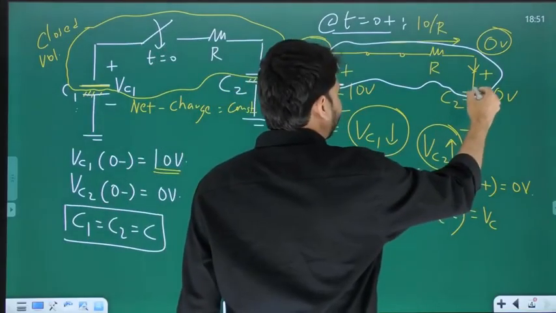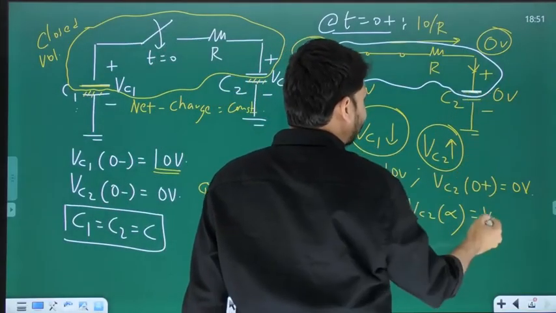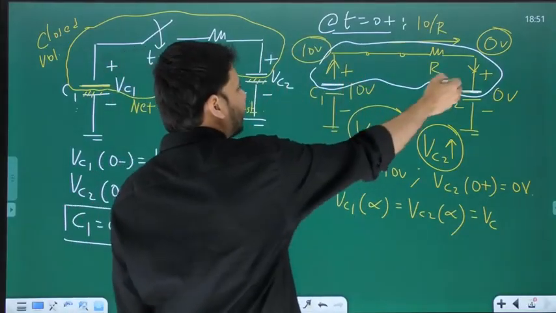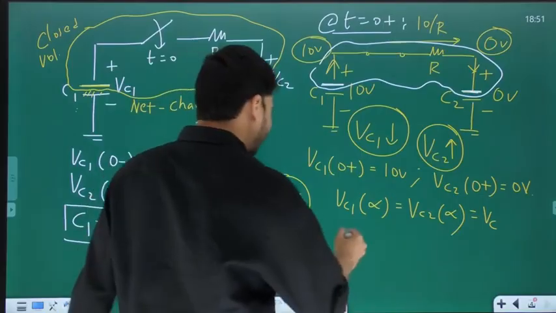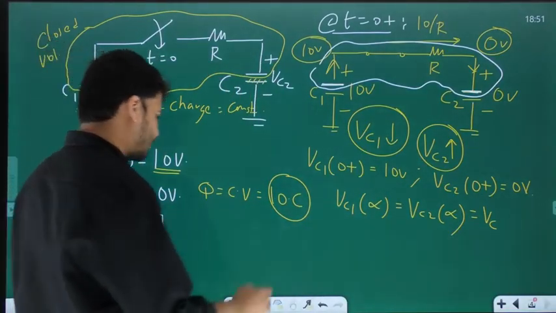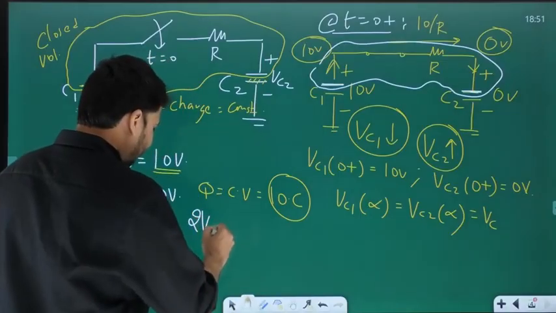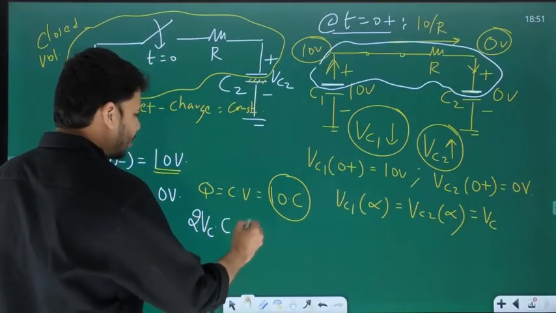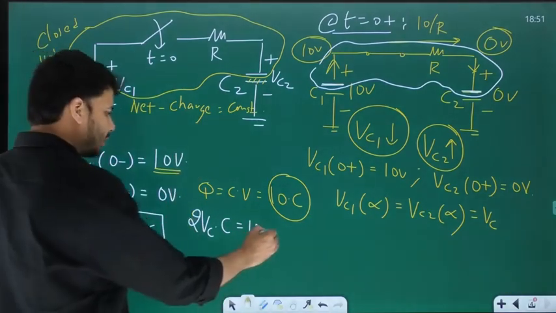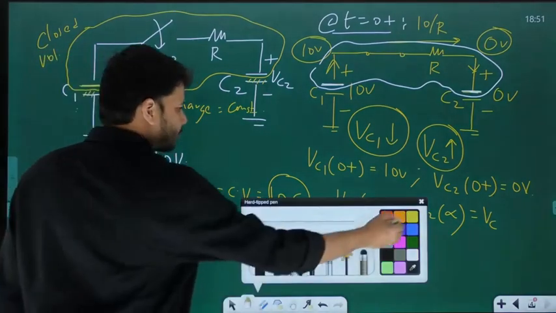And what is the charge stored on the top plate of C2? Is it not Vc into C again? So is it not Vc into C plus Vc into C, which is 2 Vc into C? Yes. So 2 Vc into C is equal to what? The initial net charge within this closed volume, which is 10 times C.